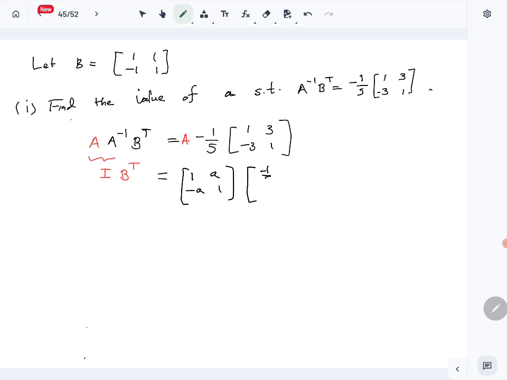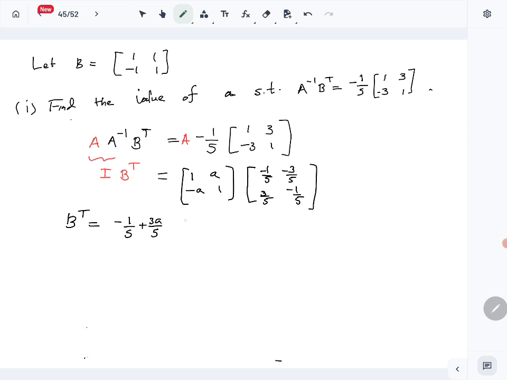So minus 1 over 5, 3 over 5, minus 3 over 5, minus 1 over 5. And this side is going to be B transpose. And let's multiply these two matrices. You get minus 1 over 5 plus 3a over 5.